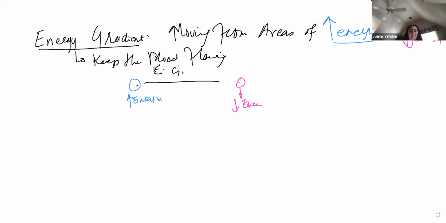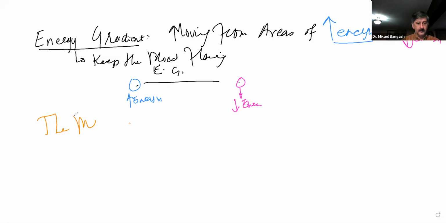Yep. Good. Now, there's no doubt that the major form of energy that ensures the blood moving from high to low energy gradients is the energy of pressure.